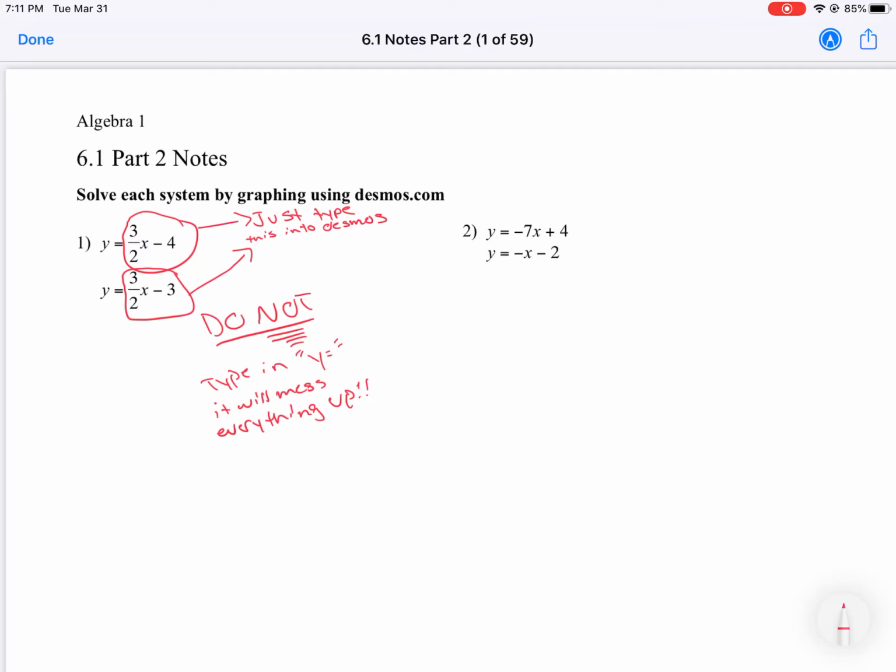And we had no solution, which means we have parallel lines, so they do not intersect. And our third case was infinitely many solutions, which means we have the exact same line, so they're essentially just overlapping each other. It's really just one line. So those are our 3 solutions.